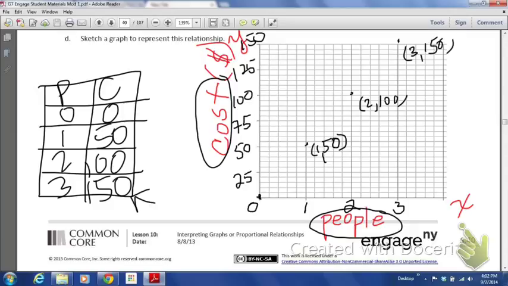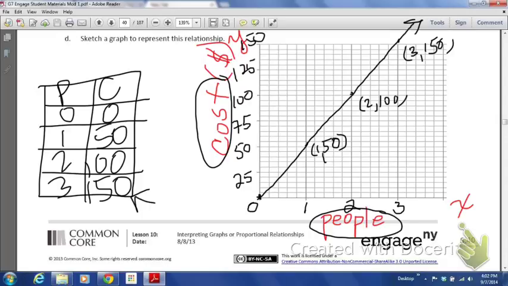Okay, and if we drew our line, that's a reasonable line. There we go. We have our line. We can see that it's proportional. Each point lies on a straight line, and that line goes through the origin.